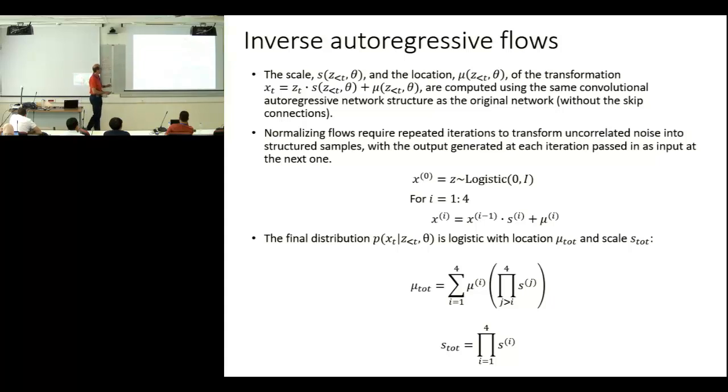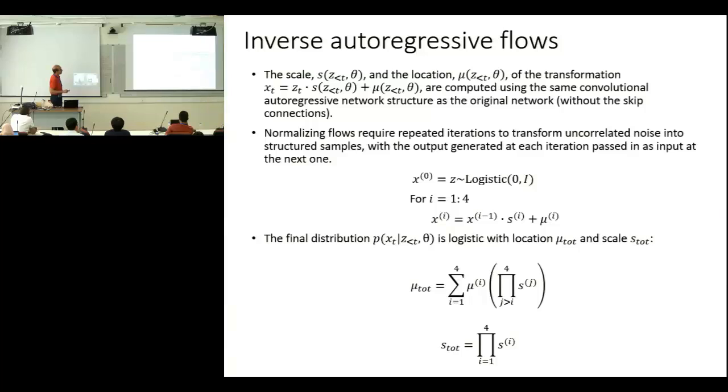So now I will explain how this is used, the whole algorithm. These are computed using the same convolutional autoregressive network structure as the original network. Another convolutional autoregressive network can also be used.